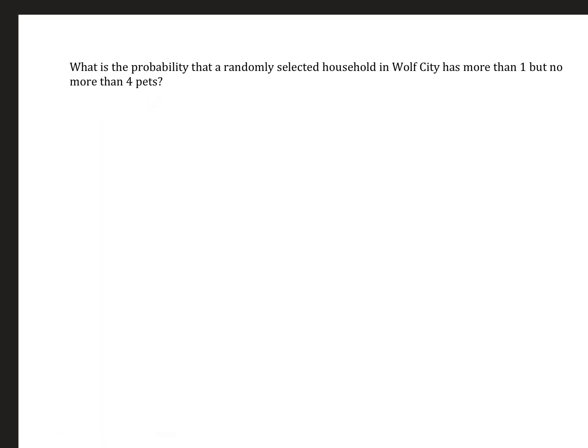All right, and there's one more question. They want the probability that, all right, so this one, x is going to be between 2 values, more than 1, right? So that means x is not allowed to equal 1, but not more than 4. So x is allowed to equal 4 because not more than means less than or equal.